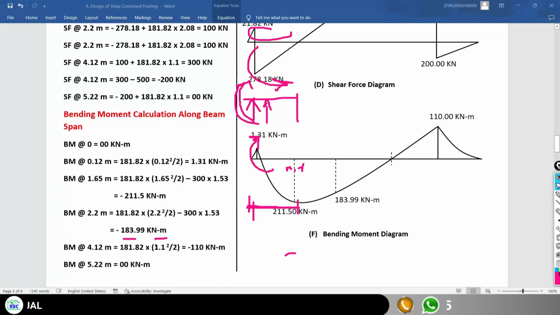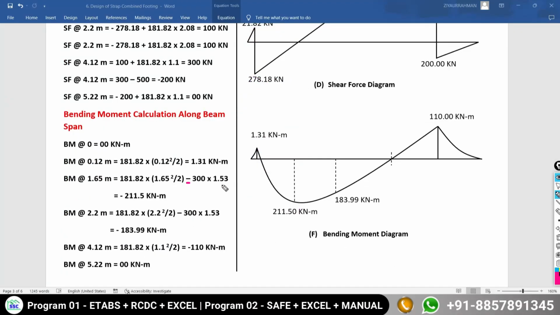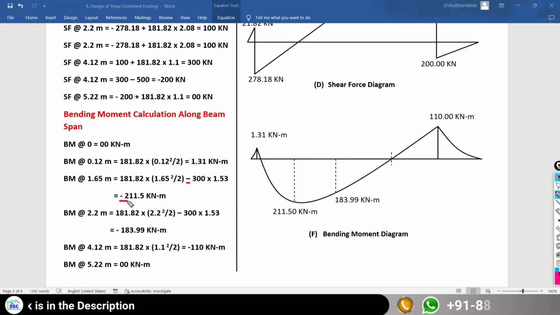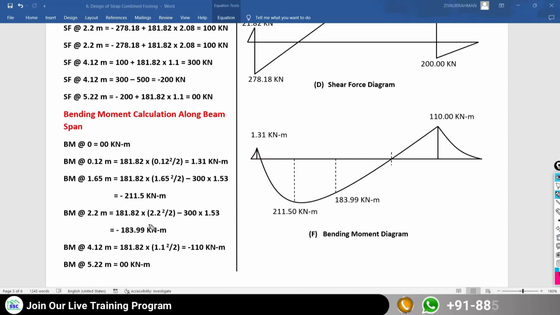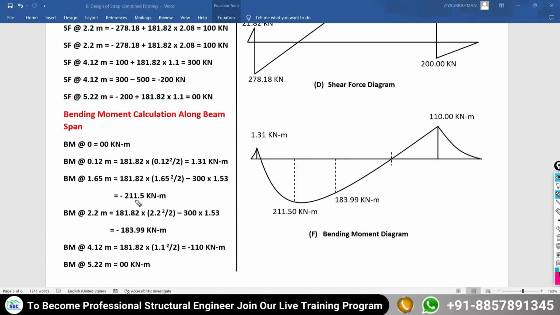So I am going to put here minus 300 times 1.53. So we are getting the resultant moment as 211.5 kilonewton meter. It is with minus sign, meaning it is hogging bending moment, it is negative, downside it is. Positive moment we are going to show above the line, negative moment below the line, remember. So here we are getting 211.5 kilonewton meter.